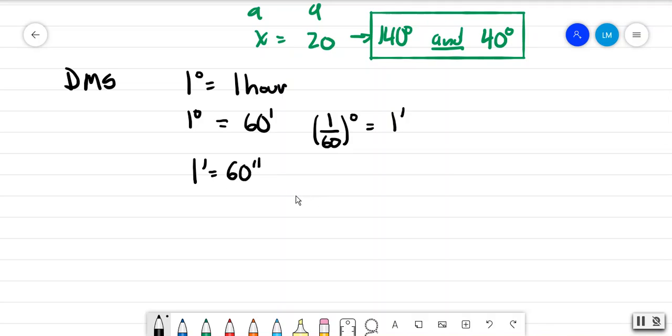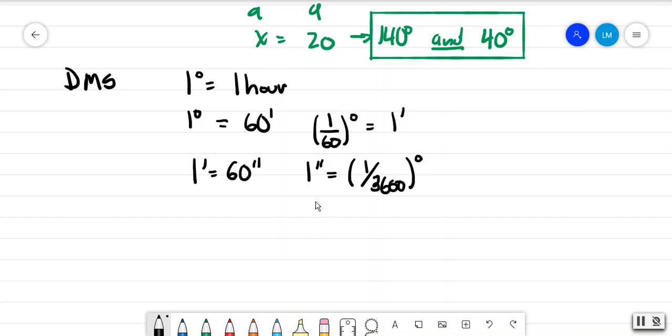In this case, the relationship is that 1 second is 1/60 of a minute. But that means 1 second is equal to 1/3600 of a degree.